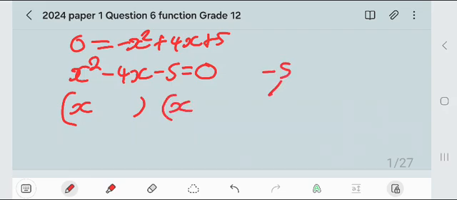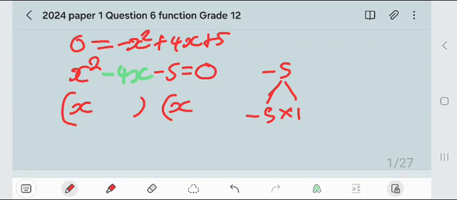We're supposed to find two numbers which, when we multiply, must give us minus 5, but when we add, we're supposed to get minus 4. What can those values be? Let's say minus 5 and 1. Minus 5 times 1, what will you have then?